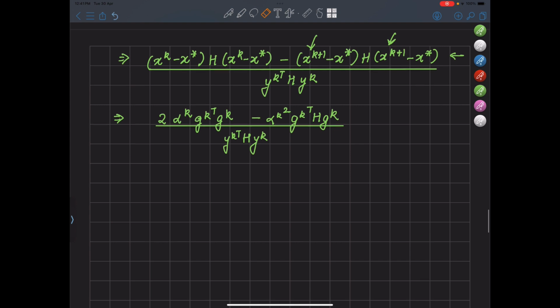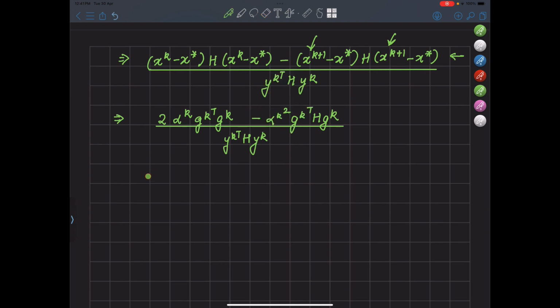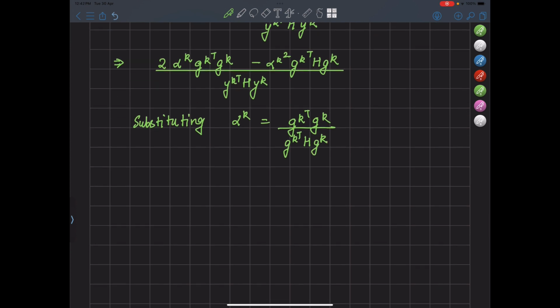Now let's put in the value of alpha k, which we got from exact line search. Substituting alpha k equals gk transpose gk upon gk transpose h of gk into this expression, you can do it yourself, I'm just writing the final result down here.